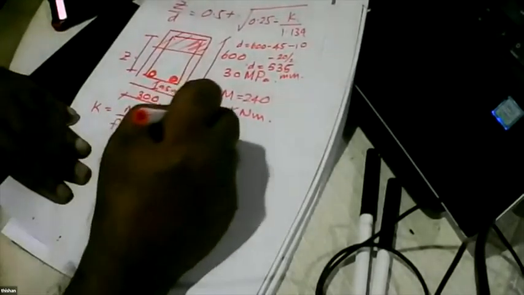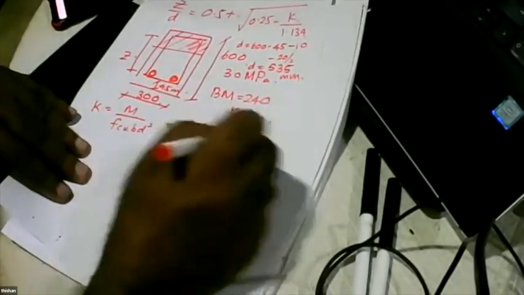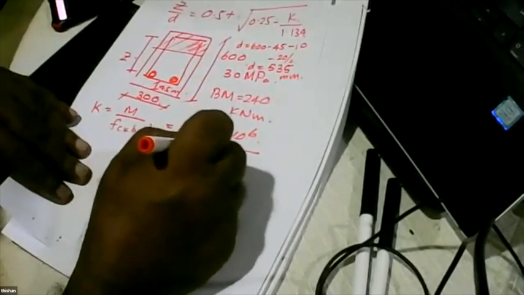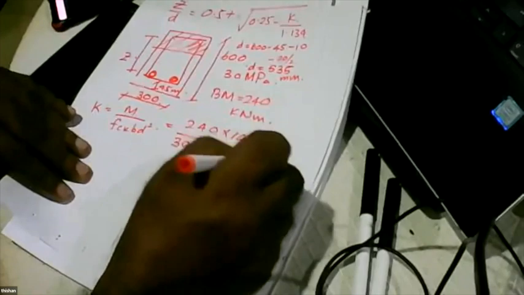So this will become 240 into 10 to the power 6 divided by FCK 30 multiplied by 300 multiplied by 535 squared.